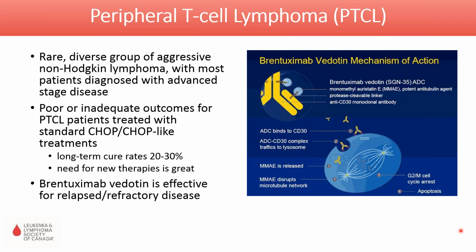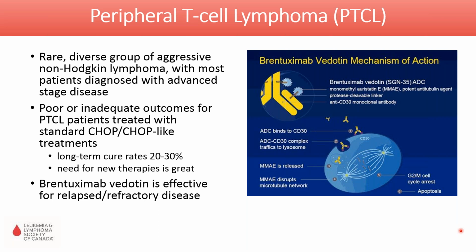And in addition to it being rare, patients tend to present with more advanced stage disease, stage 3 and stage 4, which is then obviously more resistant to treatment and associated with poor outcomes. There are very few clinical trials looking at treatment specific for T-cell lymphoma.